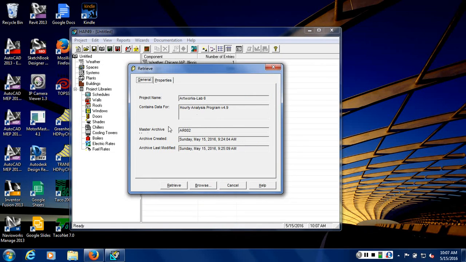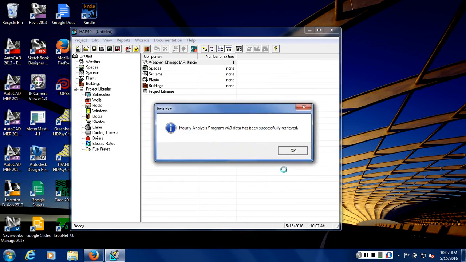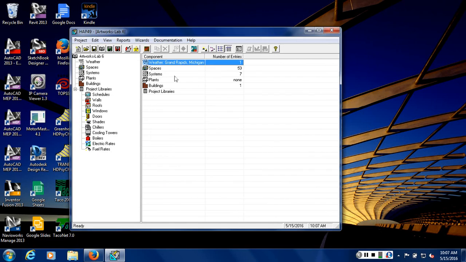So once you pick that archived file, you want to hit retrieve. It should say that this data has been retrieved successfully. You hit OK. And right away you should see some key information up here, specifically the spaces, the systems, the building, everything will populate.